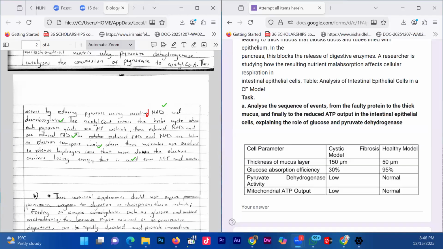Those that transport the materials in the same direction are called symporters, sym meaning the same direction. Then in the different direction are antiporters. So glucose and sodium ions always move through specialized channels called symporters.